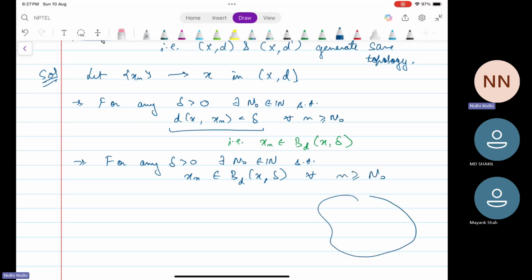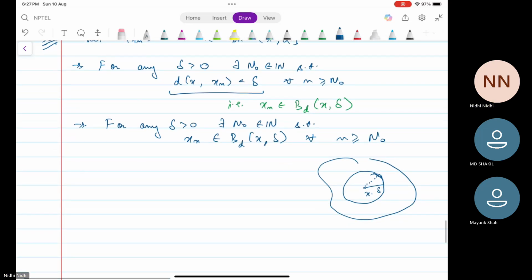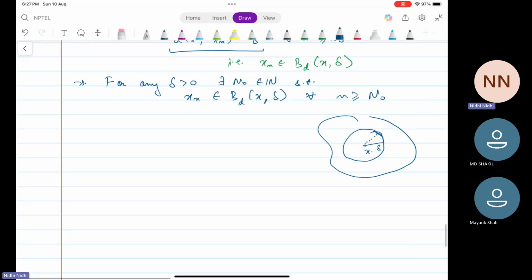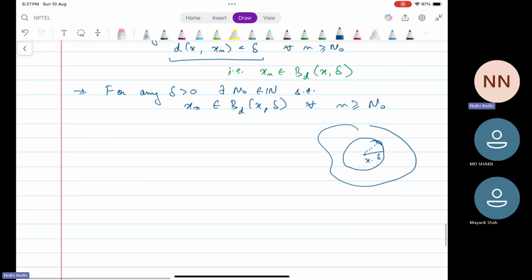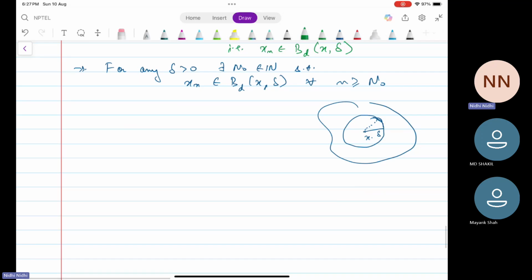That means if we have a metric space and this is x, this is the ball around x with radius delta. That means after a stage, all the elements of the sequence lie inside this ball. Now, what we want to show is that x_n converges to x with respect to the metric d' as well.